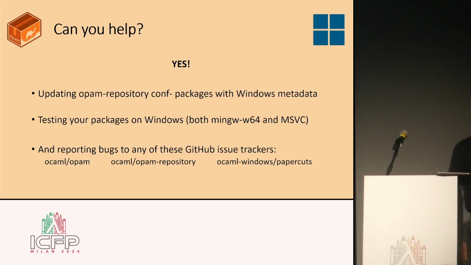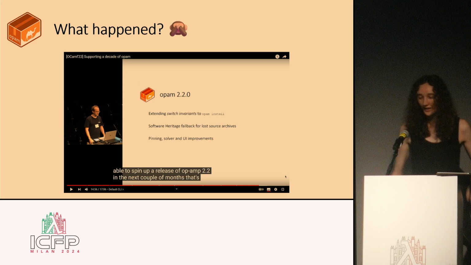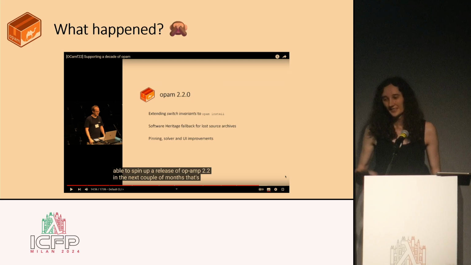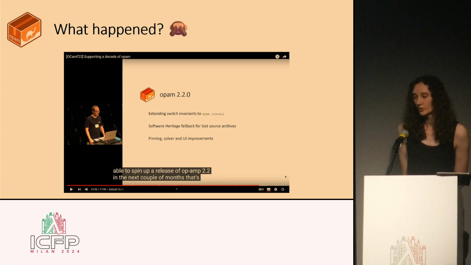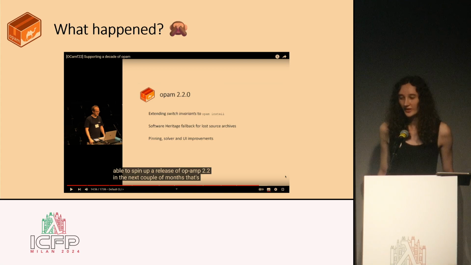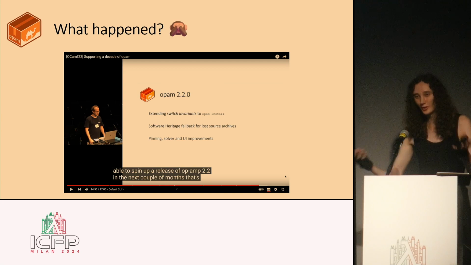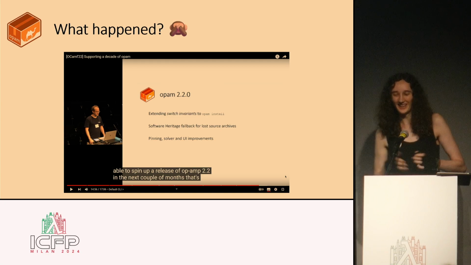So, speaking of issues, this is a screenshot from OCaml 24, so the OCaml Workshop about 2 years ago. And David said, like, Opam 2.2 will be released in a few more months, hopefully.